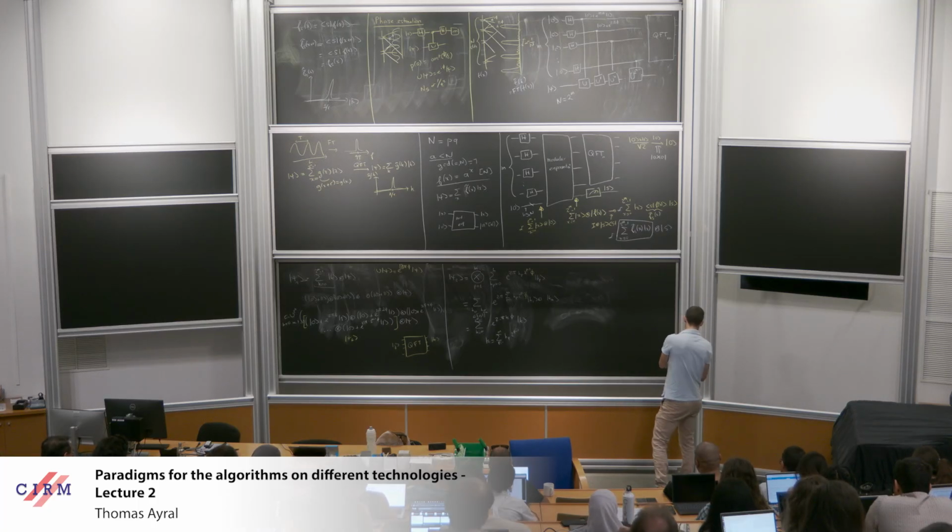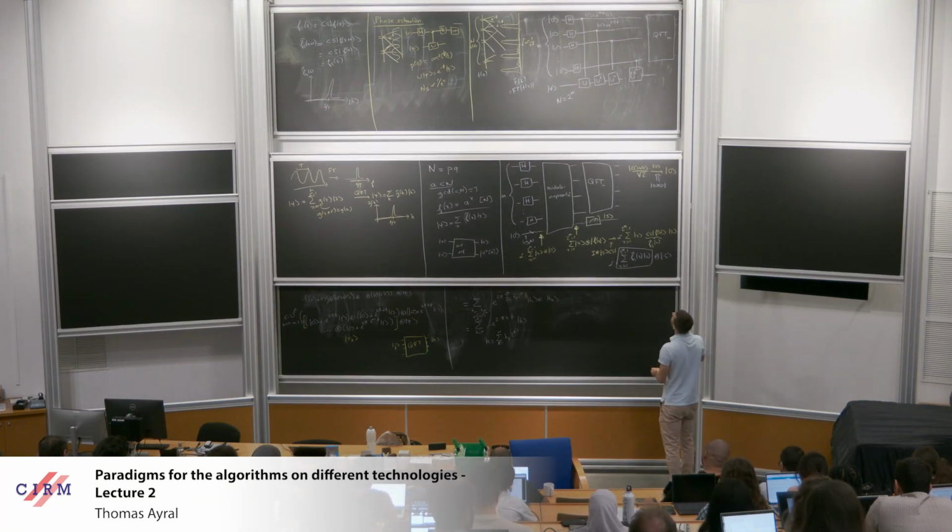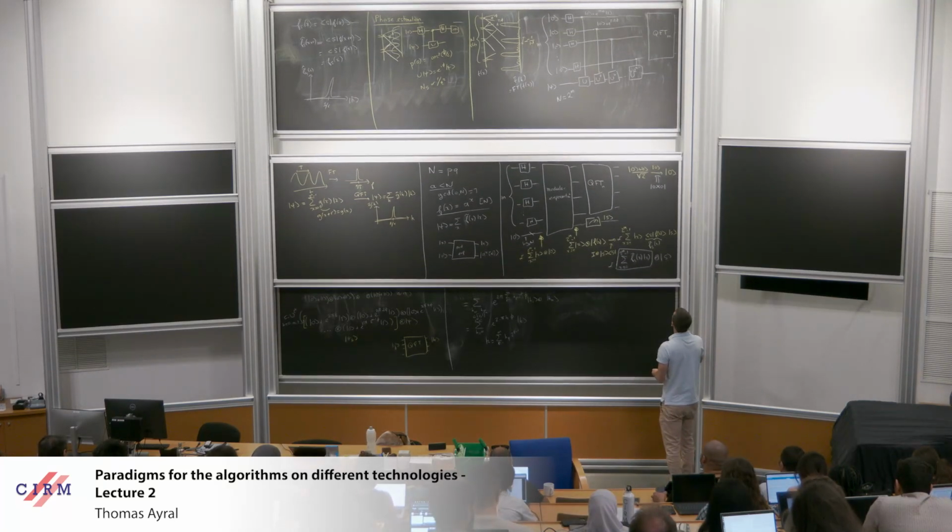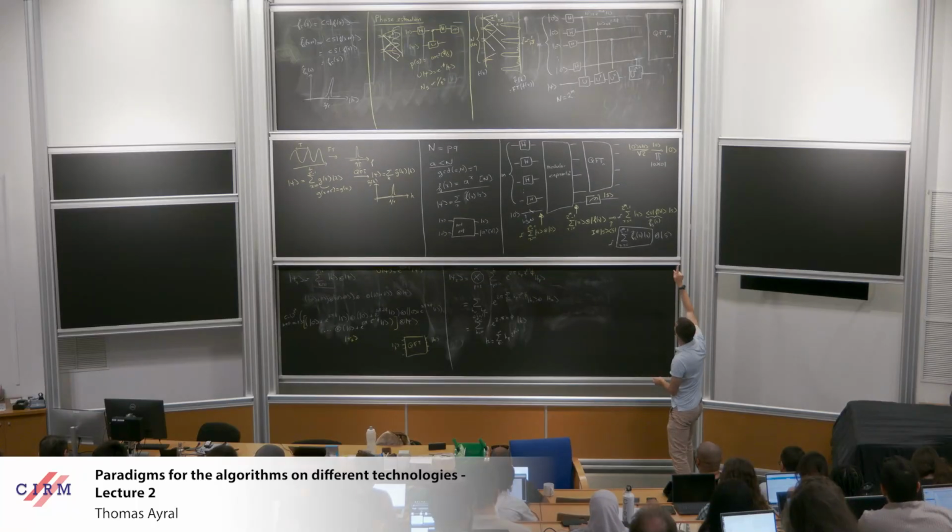So that means that what I should have written, no, not here. Okay, but you see what I mean. The QFT at the very top here is not QFT, but QFT minus 1 or QFT dagger. Maybe I'm going to correct it.